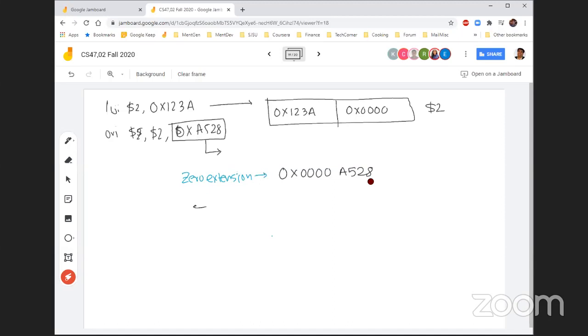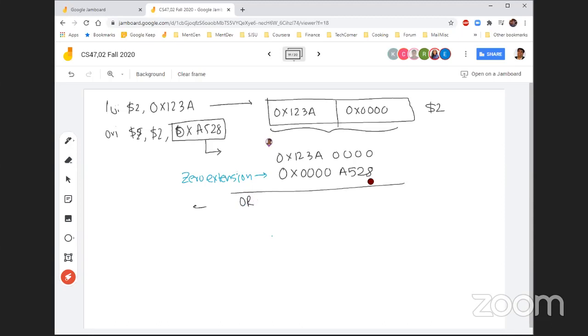Then it picks up the 32-bit value 123A0000 and ORs the two bit patterns.